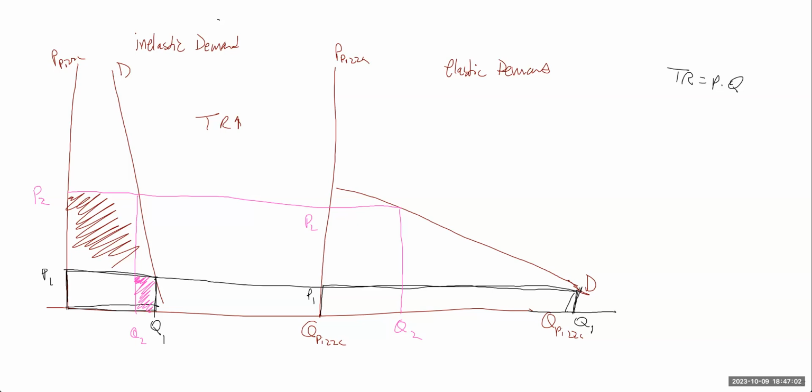Here, oh, maybe my skills suck at drawing this. We lost all of this. And we gained this right here. Maybe I should have drawn it higher. Anyways, let me see.